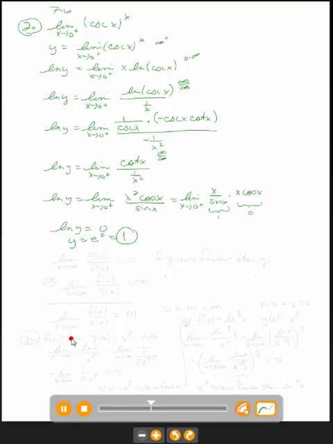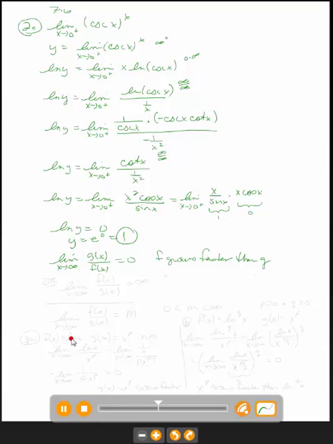Now we're going to talk about growth rates. If you're trying to see which function grows faster, you have two functions, f and g. If you take their limit as x goes to infinity, you want to know which function is growing the fastest. If you get g of x over f of x and you get 0, then f grows faster than g because you're dividing by the bottom.